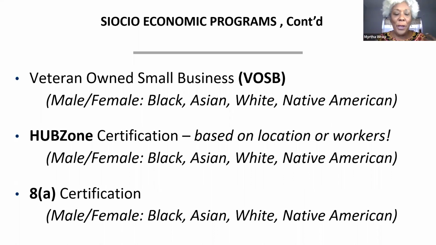That's what they look for, where you do the majority of that business. That's what they call the location of your business. Or you can choose to get your workers from the HUBZone. And the 8(a), the same thing. Whatever you are here, you can fit for 8(a).